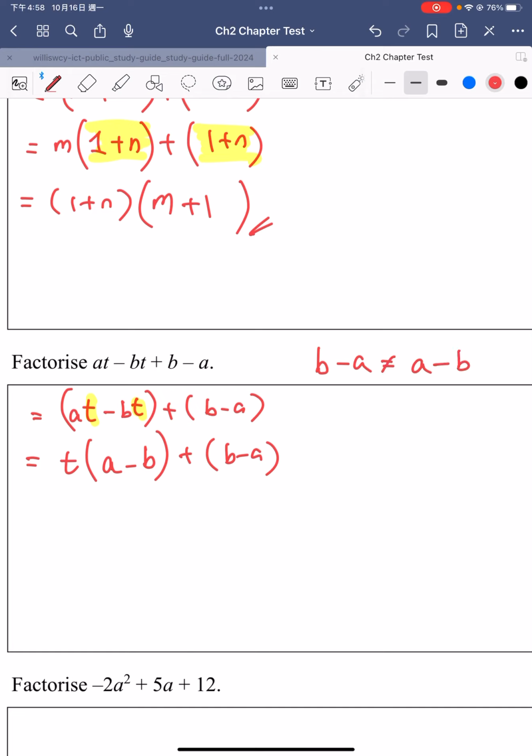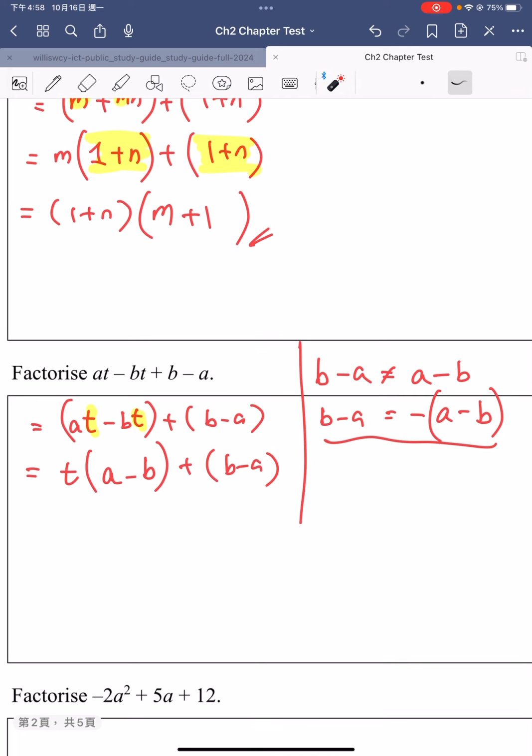If you want to make them the same, the first step is to move it around back to a minus b. But if you want to do this, you're going to add a bracket and then add a negative sign on the outside. Then the whole thing is going to be true. So which means that b minus a can be changed to a minus b, but we have to change the sign in front of this, change the positive to negative. So this will make sense.